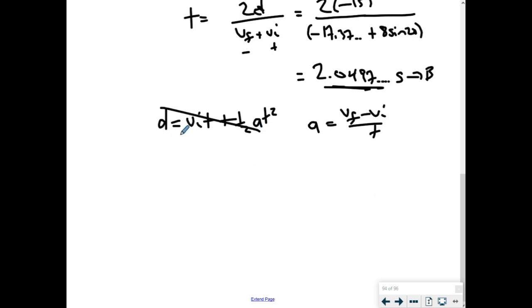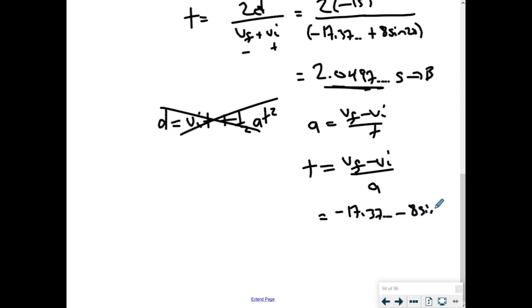I don't really want to use the quadratic formula method, but just to check my work, time is going to be equal to my two velocities subtracted from each other divided by the acceleration. So again, velocity final was negative 17.37, my velocity initial was 8 sine 20, and my a value is negative 9.81. Let's just double check and make sure I still get 2 seconds.